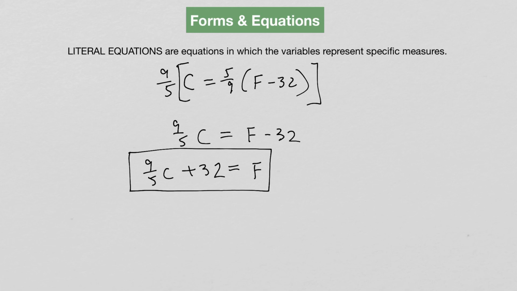So let's go over another example. Let's take the equation in factor form. Y is equal to A times BX plus C. And we want to solve for X. So we want X on one side of the equation and everything else on the other side.